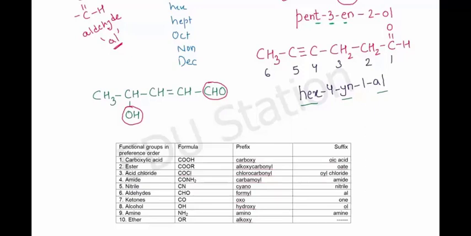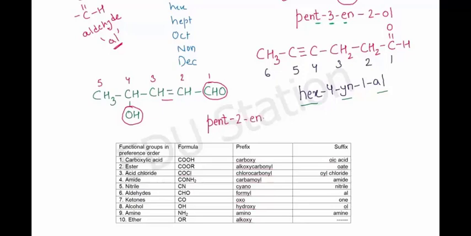So aldehyde, it contains carbon, so its carbon will be included in the longest chain. So you have 1, 2, 3, 4, 5. So we write pent. Double bond is there between 2 and 3, so 2.